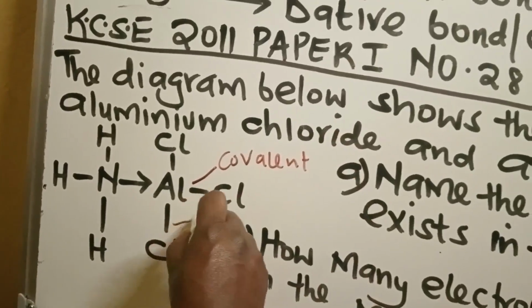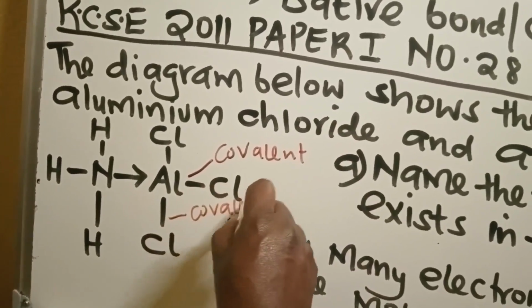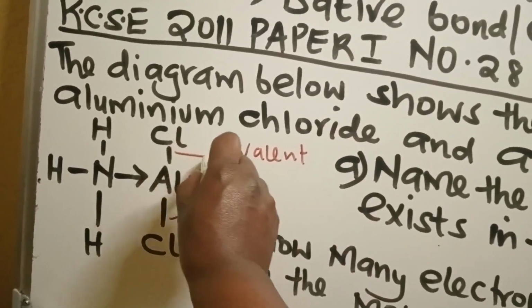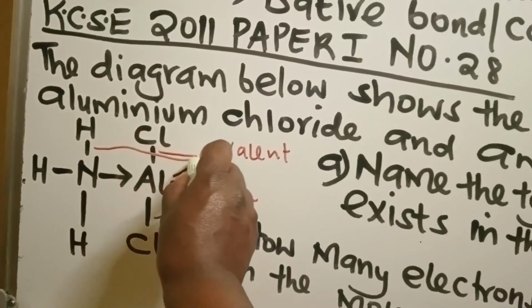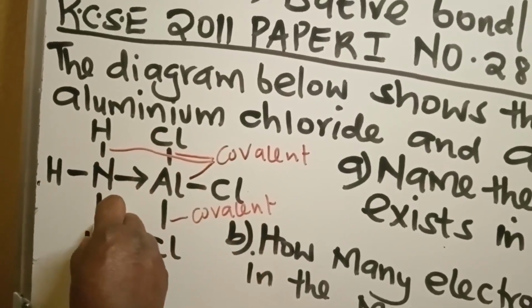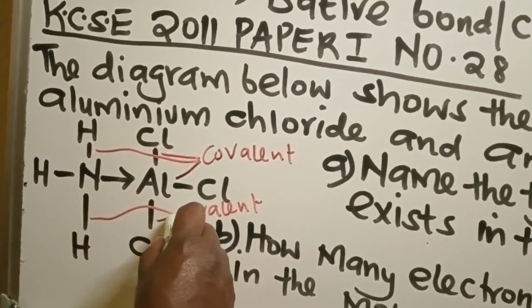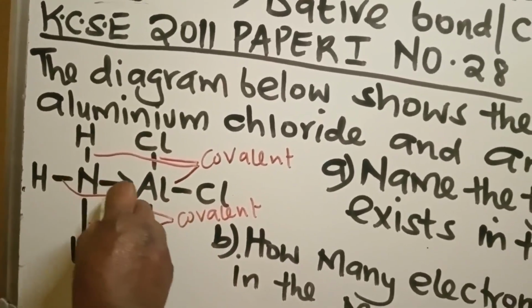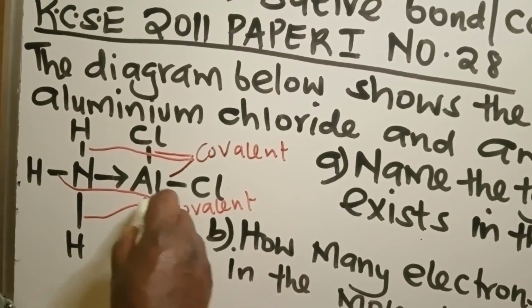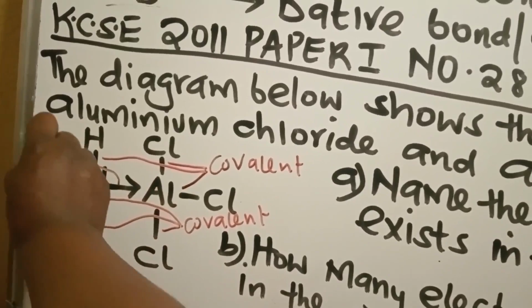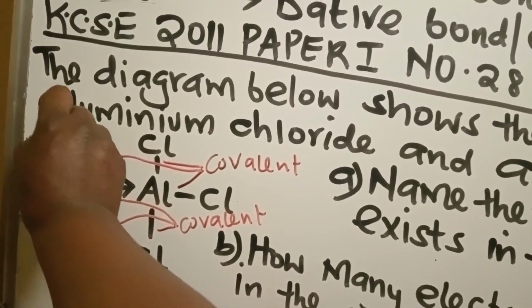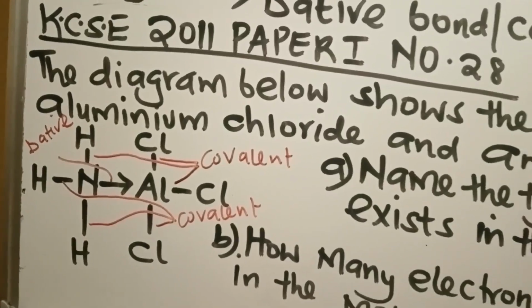This other one is also a covalent bond. This other one is also a covalent bond. The same with this one, and this other one, and this one. Where we have an arrow, this is the dative bond or the coordinate bond.